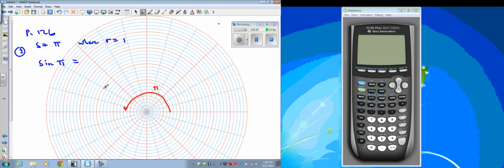Pi is equal to 180 degrees, but they're asking what's the sine of pi, or equivalently, what's the sine of 180? Well, if you recall, you start out with a sine down here.